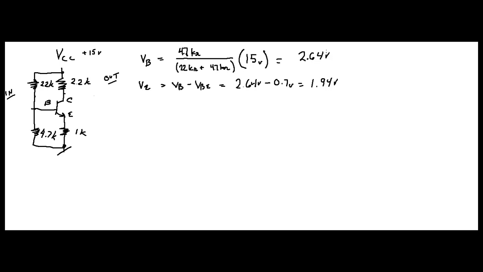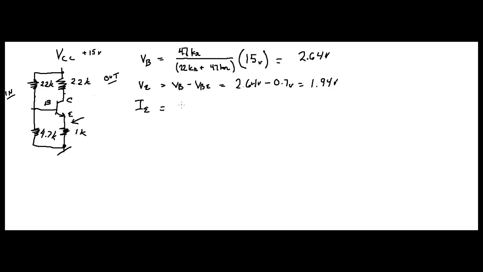Get it? Now, if we know VE right here, I'm just going to point to it. That's where VE is, your voltage at your emitter. And we know this resistor here, which we do. We can determine the current, IE. That's very important. This gives you a lot of information.